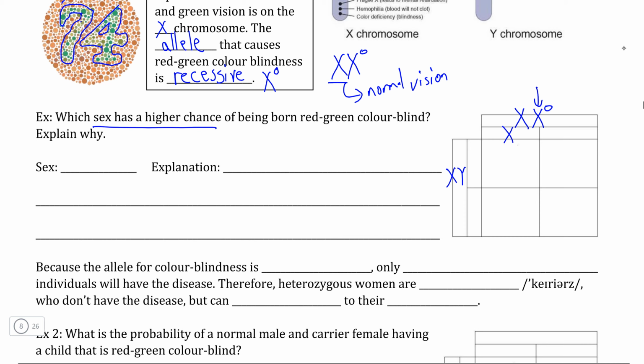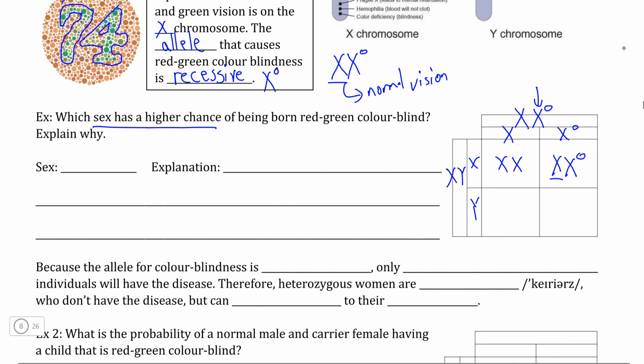So remember that each parent can only contribute one of their sex chromosomes because of the law of independent assortment, which means if we look at the possibilities for female offspring, we would actually see that both of these females have normal vision, because females have two X chromosomes, and as with the mother, the quote-unquote normal X chromosome can actually override the X chromosome that carries the mutation.